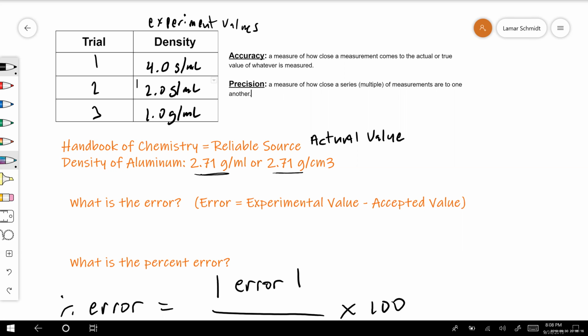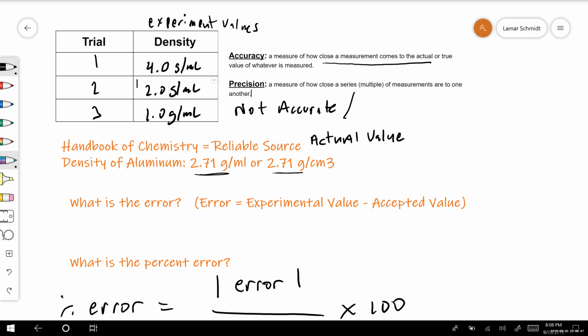And so if we look and we want to look for accuracy, we want to see how close the measurement comes to the actual value. Well, the actual value is 2.71. So none of these really come super close to 2.71. So you would not say that they are accurate. Okay. Now, what about precision?